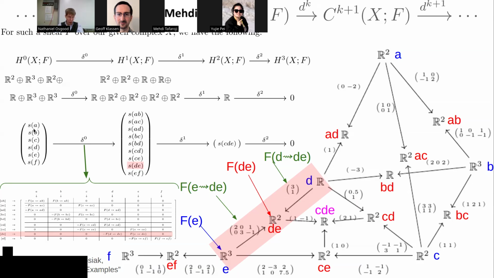Now, you can go further than that, and you can look at first cohomology, second cohomology. Michael Robinson talks about this, and I think this is also something which others have written about.